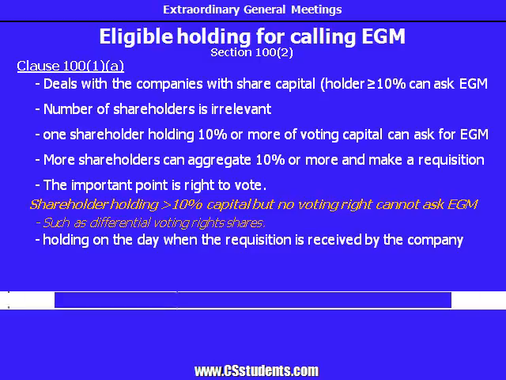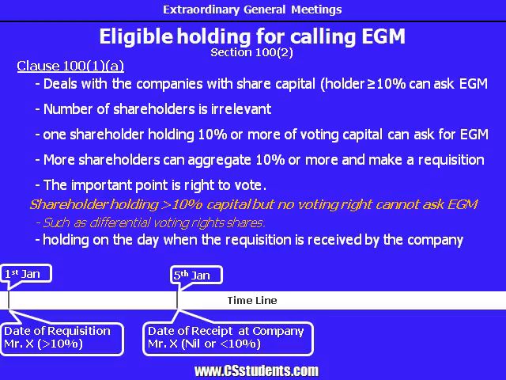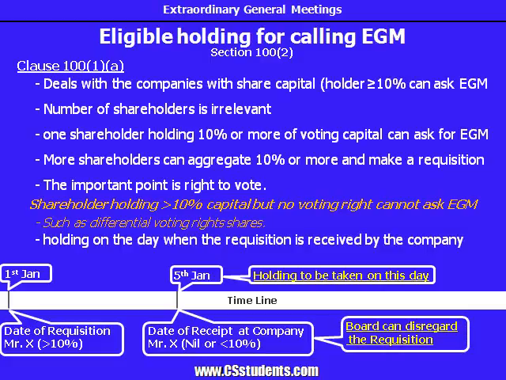For example, if Mr. X is holding more than 10% voting shares of a company on 1st January and he sent the requisition, and the very next day he sold his entire holding in the company's shares, post which the requisition is received by the company on 5th January and on that day Mr. X is holding no shares, the board is not bound to call the extraordinary general meeting on this requisition. So, the holding of 10% or more is not on the day of sending the requisition, but on the day when the company receives the requisition.